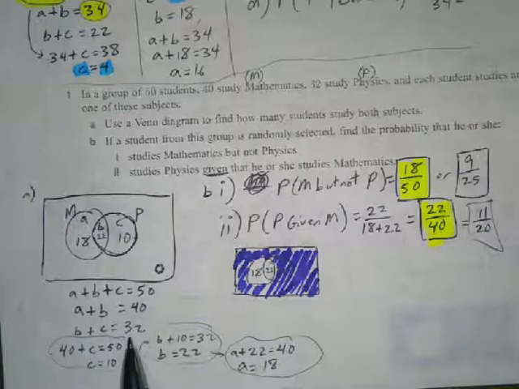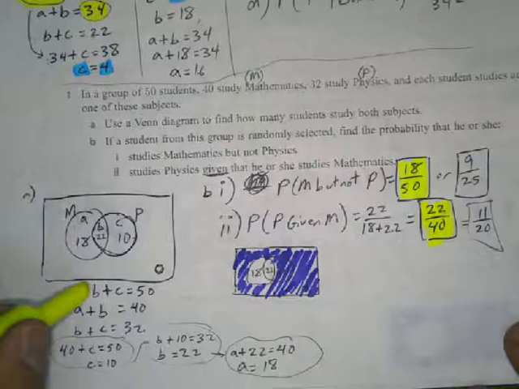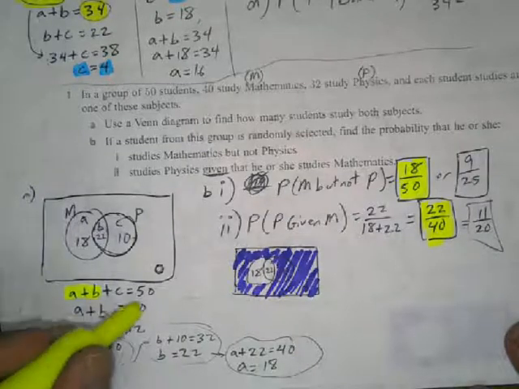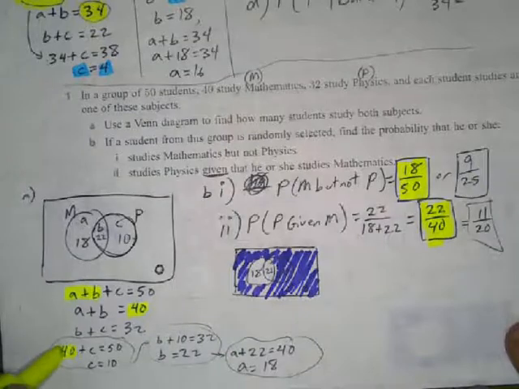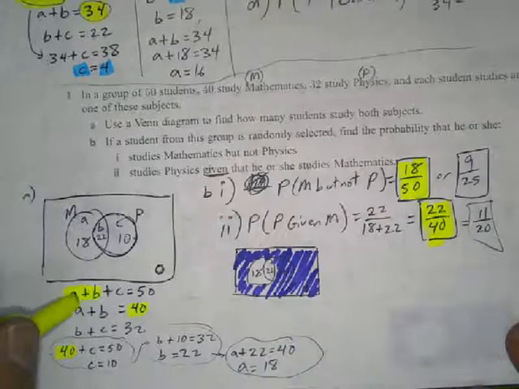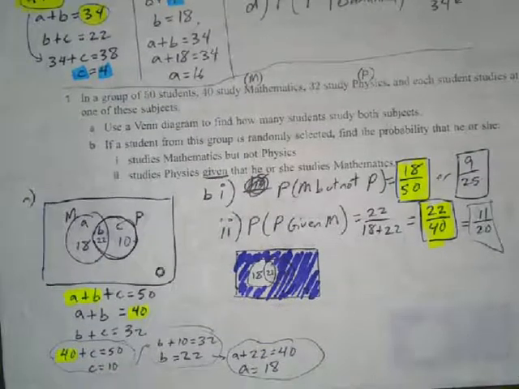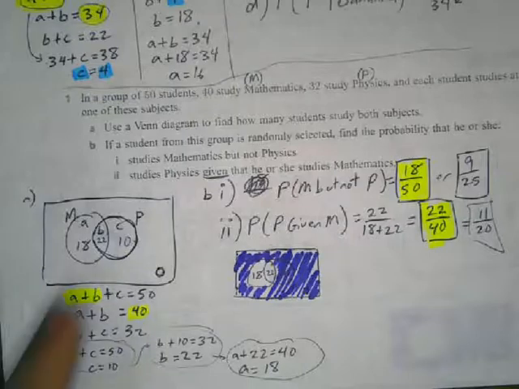And then I'm going to do a substitution. I'm going to replace A plus B with 40. So here I've substituted in this equation here, I've replaced A plus B with 40, and then I subtract 40 on both sides, I get C equals 10, and then I put it there.